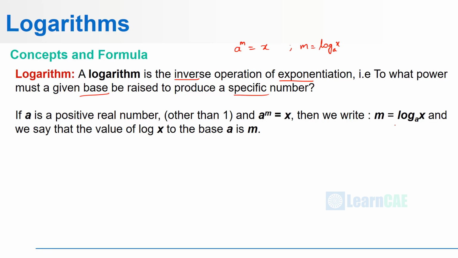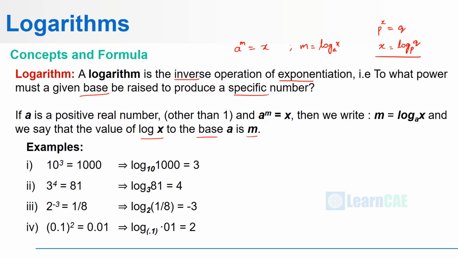Then we can write m is equal to log x to the base a, and we say that the value of log x to the base a is m. So if there is any given number, for example, p power some unknown x is equal to q, therefore you can find out x is equal to log of q to the base p. This is the fundamental definition of logarithm.